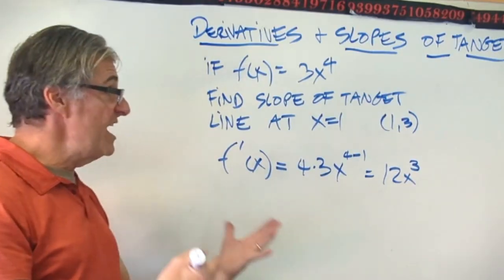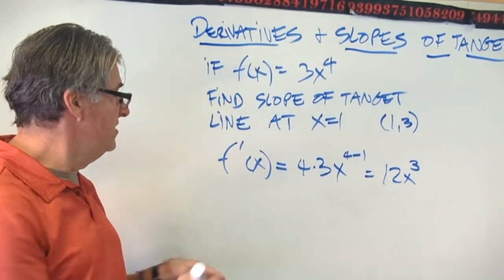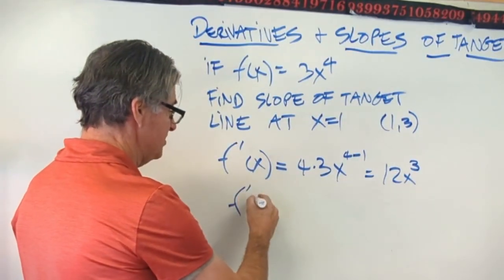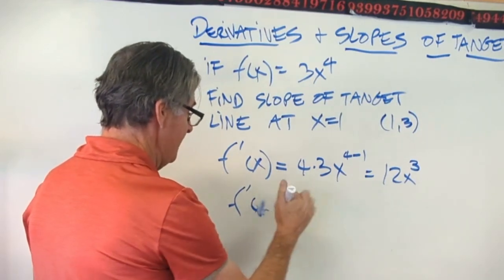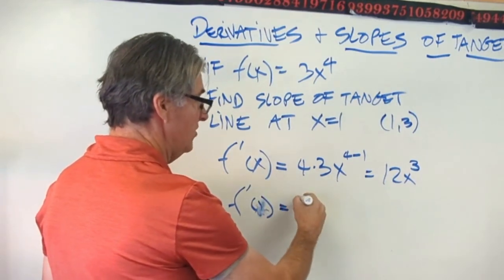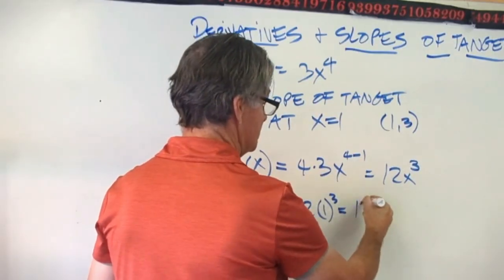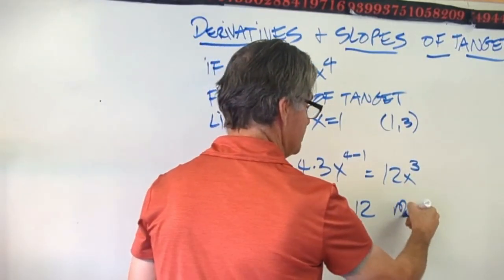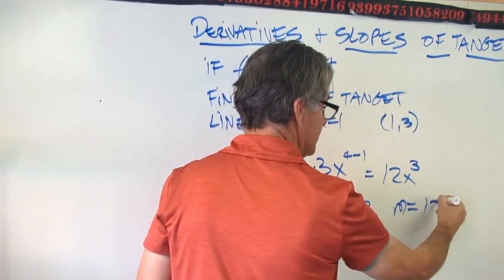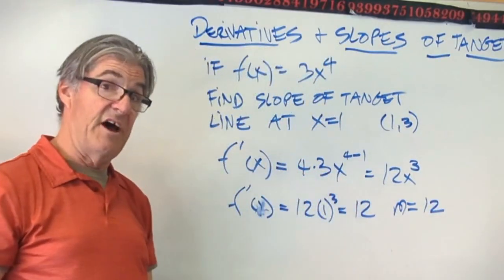To find the slope when x is 1, we plug 1 into the derivative function: f prime of 1 equals 12 times 1 to the 3rd power, which is 12. So the slope, which we usually call little m, is 12. That's how to do that.